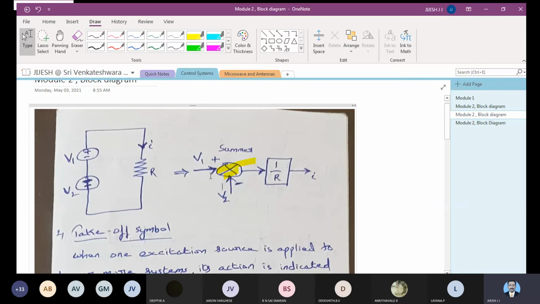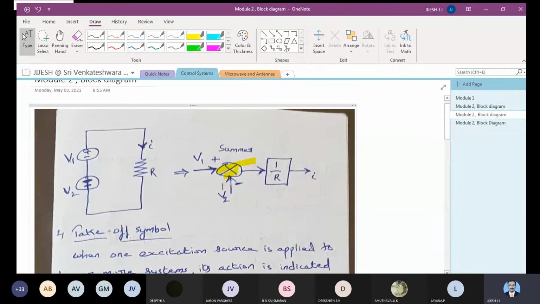You have to introduce a summer, and you will be having the voltage. You have a positive symbol connected here, so you put the arrow mark and write plus here. You can see a negative sign here, so we put the arrow mark and put minus, and then it has to be connected to the resistance part, and then you complete the diagram.